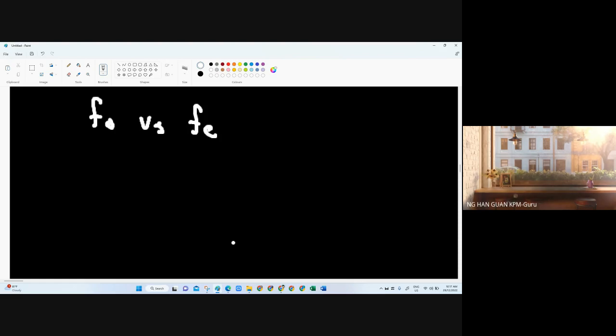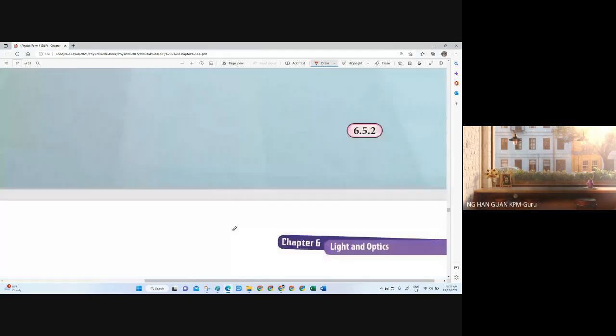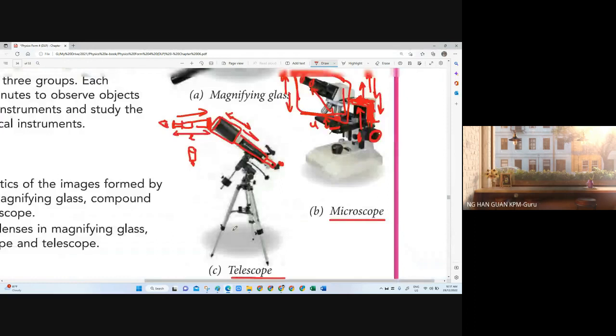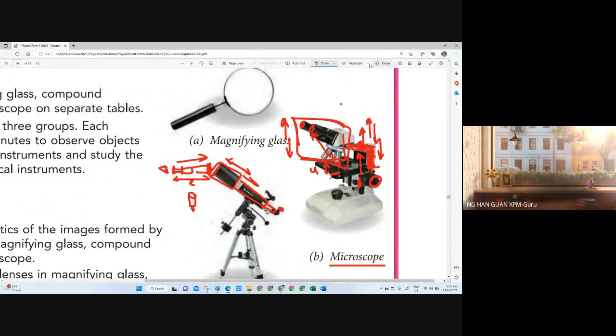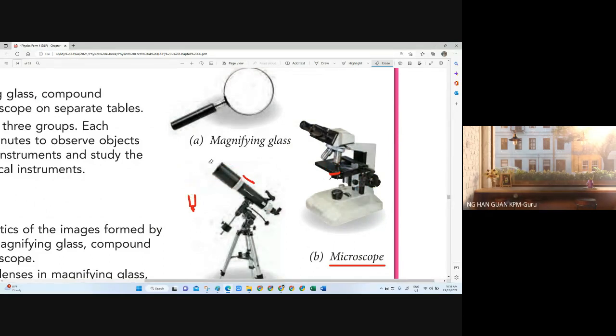So back to the design itself. This is a telescope, the objective lens, and the telescope eyepiece lens here.